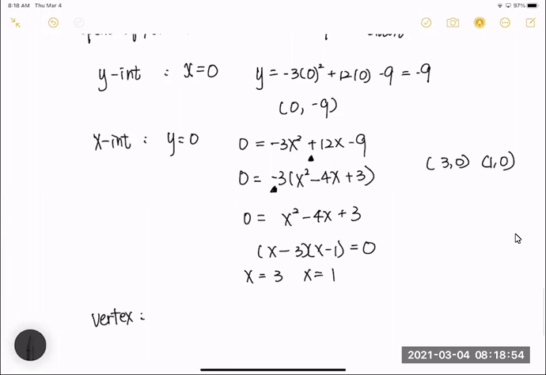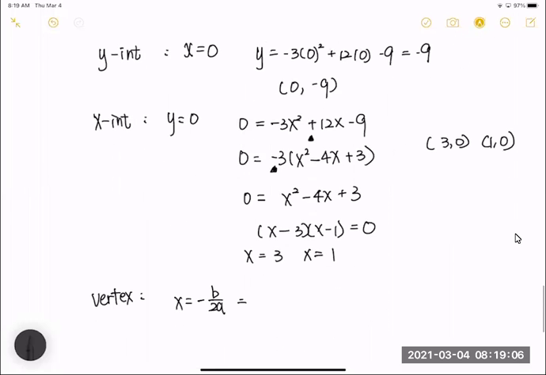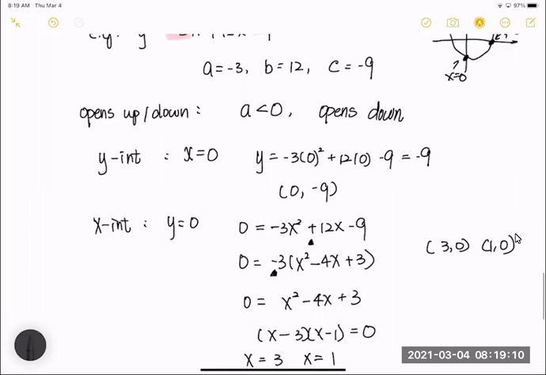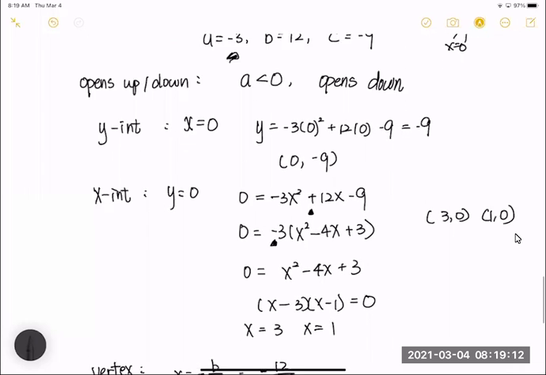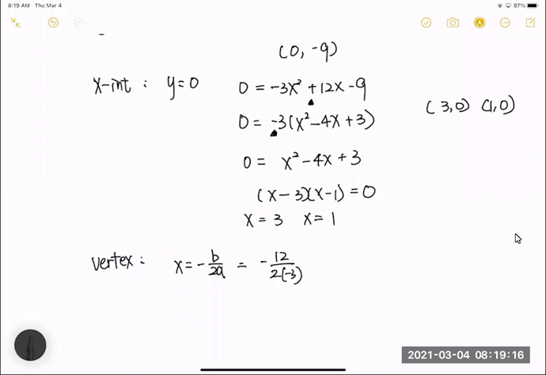Okay, the last step is the vertex. So the x-coordinate of the vertex equals the line of symmetry, which is negative b over 2a. So b equals 12, a equals 2 times negative 3. Don't forget the negative. So now we have two negative signs, which means the result is going to be a positive number.